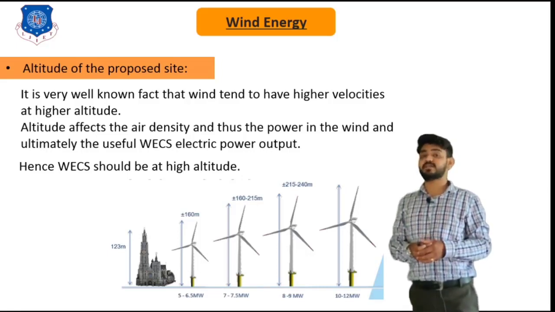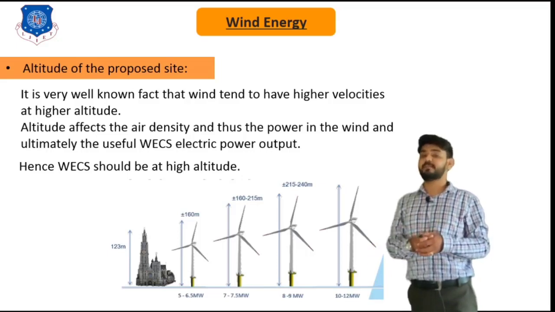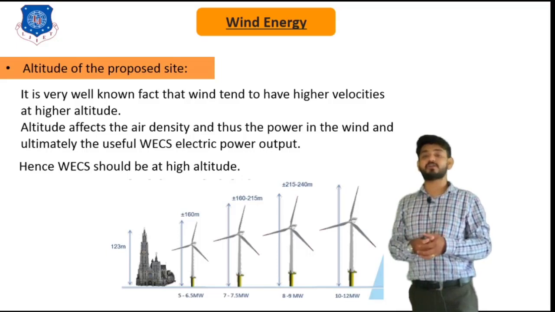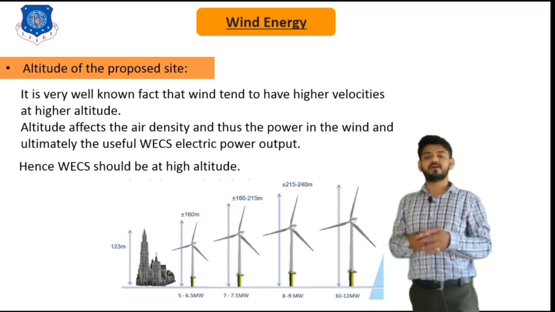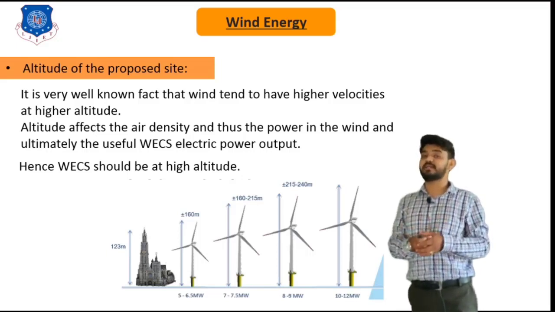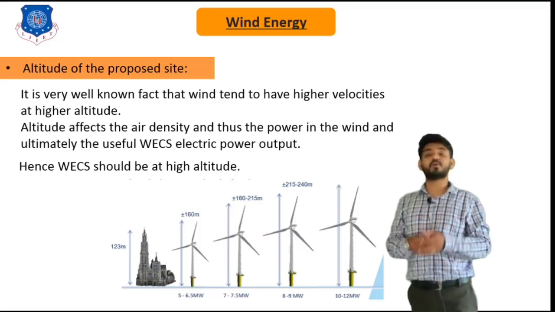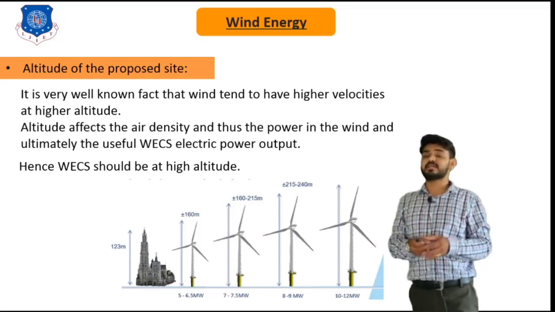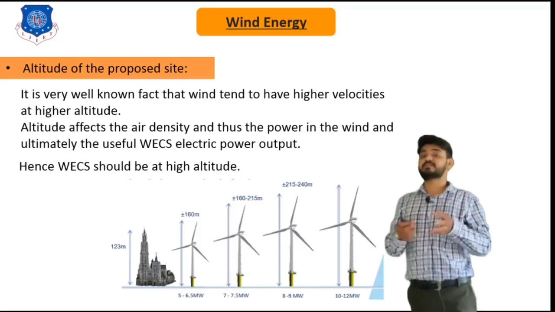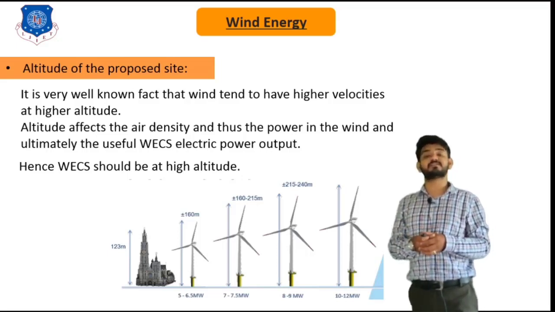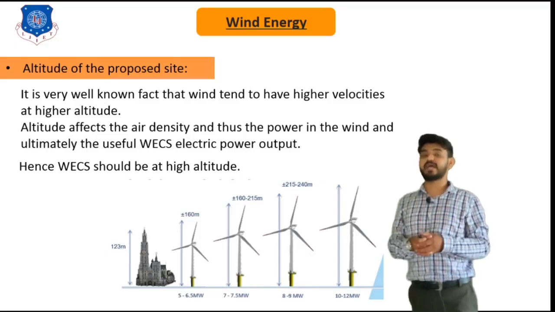In this image, we can see that a 160 meter high windmill produces 7 megawatt of electricity, while a 220 meter high windmill produces roughly around 9 megawatt of electricity. So it is desirable to have a site for a wind energy conversion system at a higher altitude.